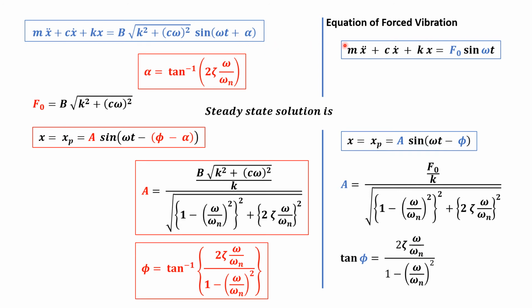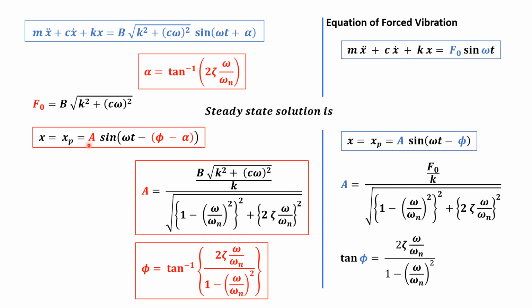This differential equation and this differential equation are the same. The only thing is this amplitude got modified, but all terms are constant terms, and this external excitation is advanced with respect to the forced vibration by an angle alpha. So for this, the steady state solution will also be equal to the particular solution, because the complementary function has vanished from the system, transient vibrations have died out.